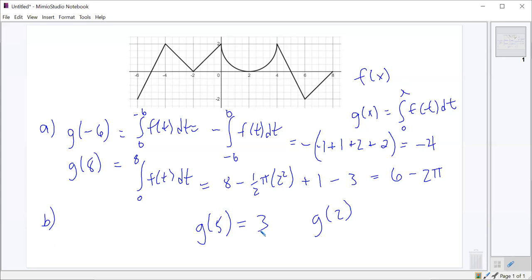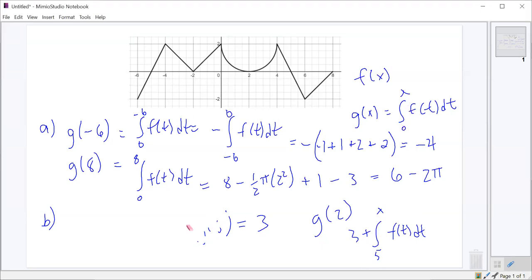So in that case, you had to use the initial condition and make it the integral from 5 to x of f of t dt plus 3 is what g of x equals. Then you'd plug in the 2 and use that initial condition. But since I didn't give any sort of initial condition, I just said that this integral is equal to the integral from 0 to x.